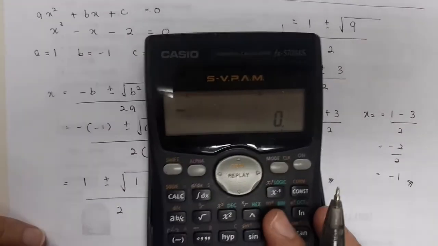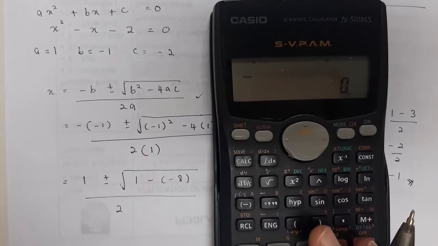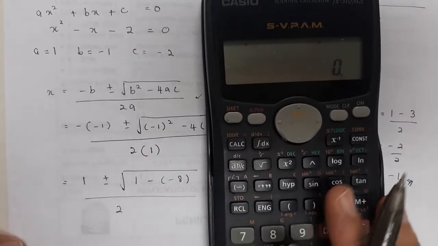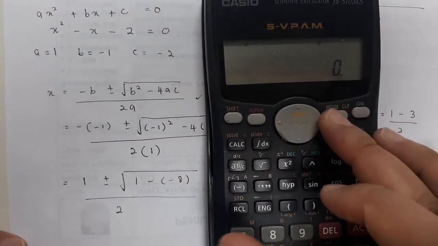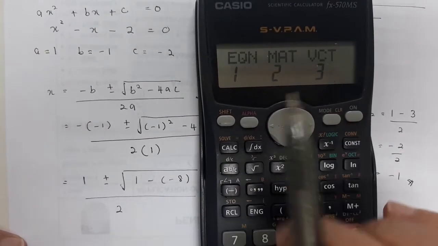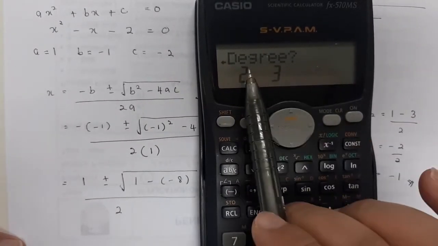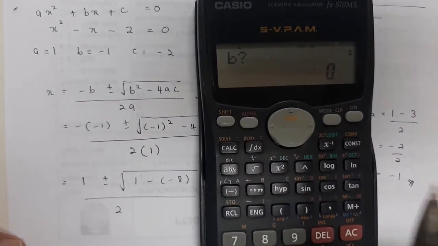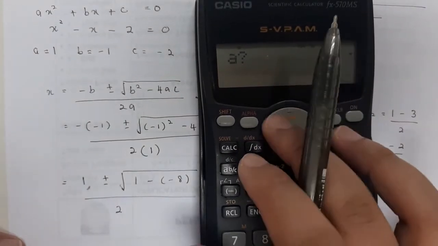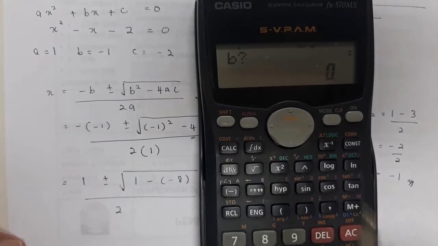Okay, we can also recheck by using calculator. Some equations can be solved by using calculator. So go to mode in your calculator and then go to equation, degree 2. Okay, a, our a is equal to 1.